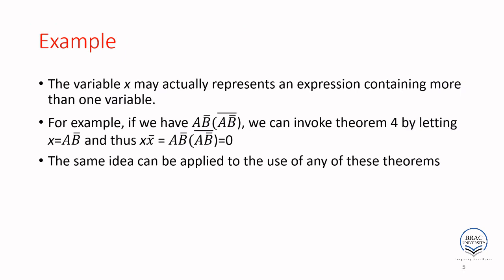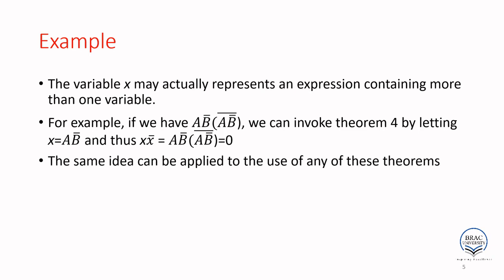For example, the variable x may actually represent an expression containing more than one variable. For example, if we have a b prime, then a b prime times a b prime whole prime, we can invoke theorem 4 by letting x equals a b prime.